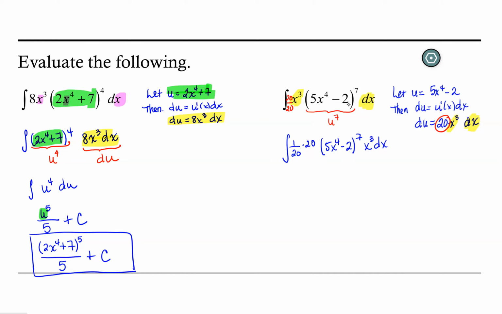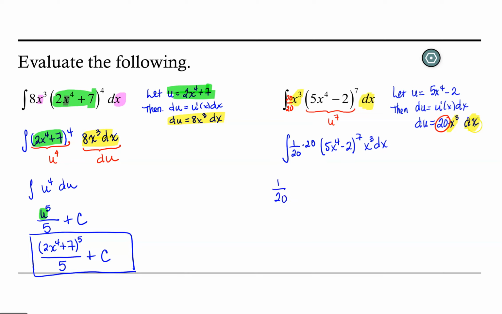I need this 20 to be part of my differential du. This 1 over 20 I don't need as part of my differential. So I'm going to bring it outside the integral like a constant coefficient.